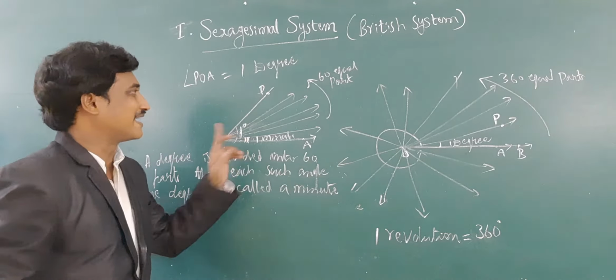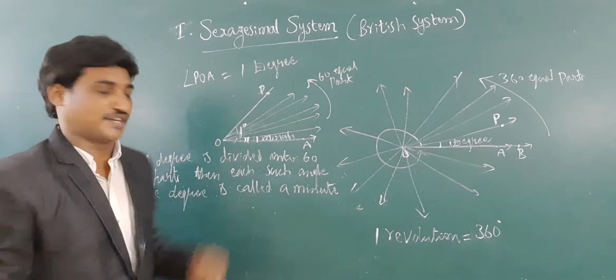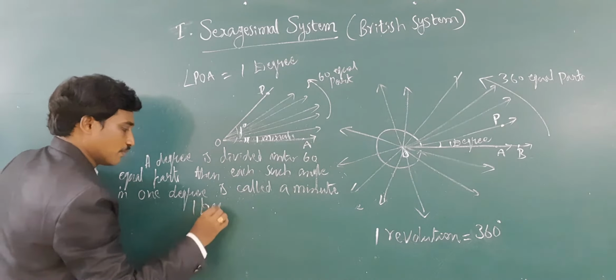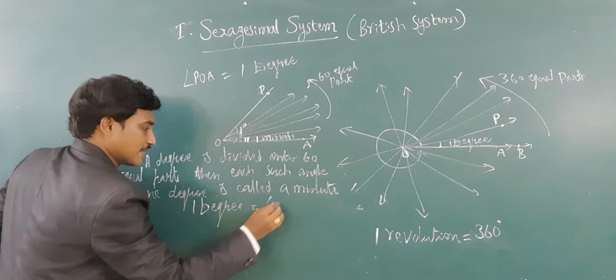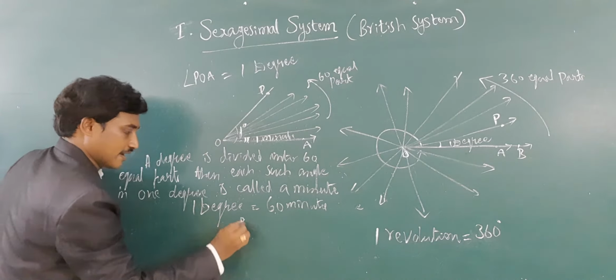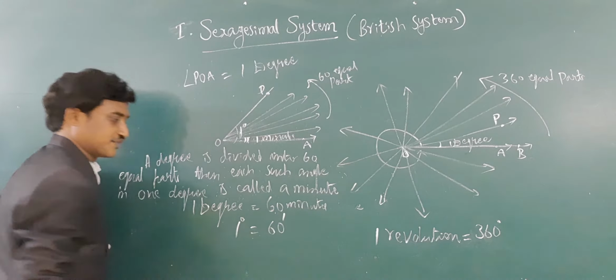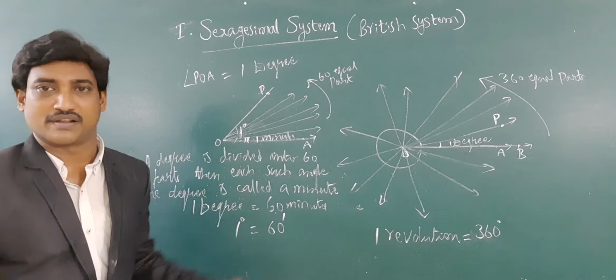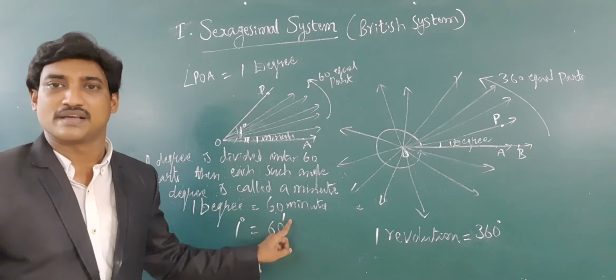So here 1 degree is equal to 60 minutes. We can represent it with a symbol, and we read this symbol as minute. 1 degree is equal to 60 minutes.